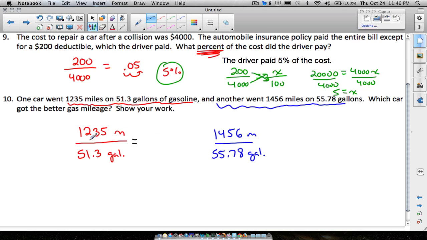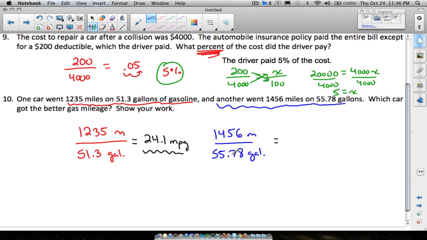In this case, if we take 1,235 divided by 51.3, let's round this to the nearest tenth. So we end up getting 24.1. Now how about I write it like this? MPG. If you drive 1,235 miles, that's a long ways, but you're using a lot of gas, 51.3 gallons, you're averaging 24.1 miles per gallon there.